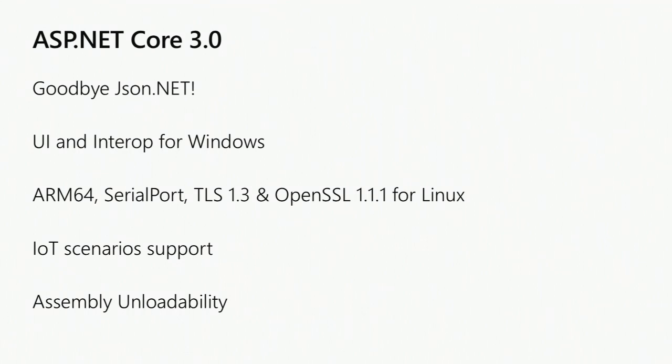So I think developers are still loving to use JSON.NET, but it was removed in 3.0. It would be removed in 3.0 because 3.0 is still not released.